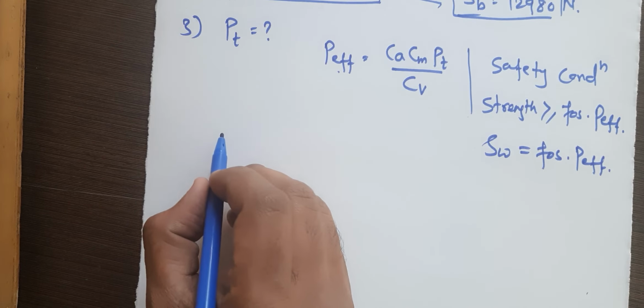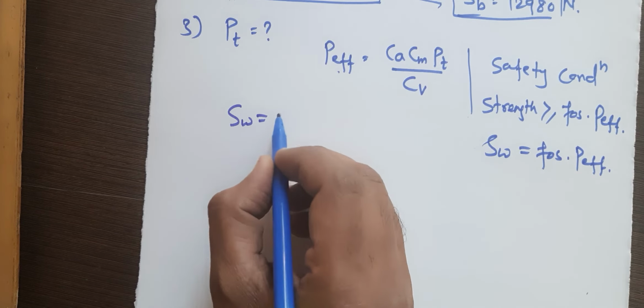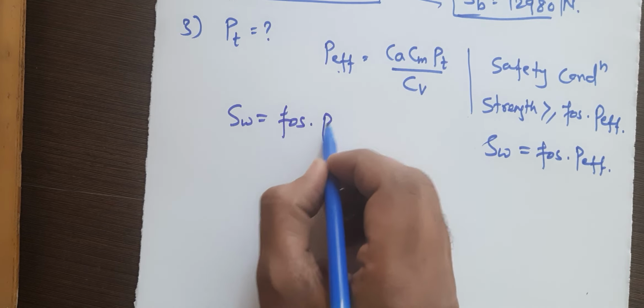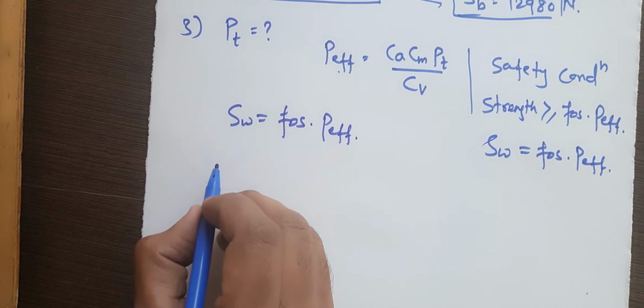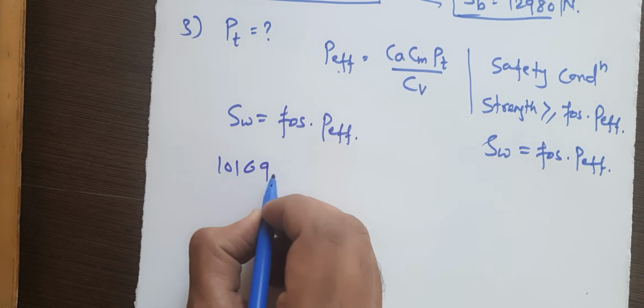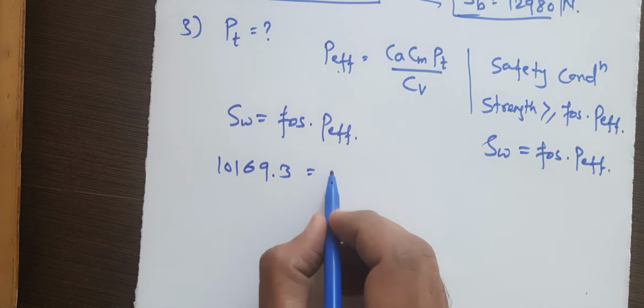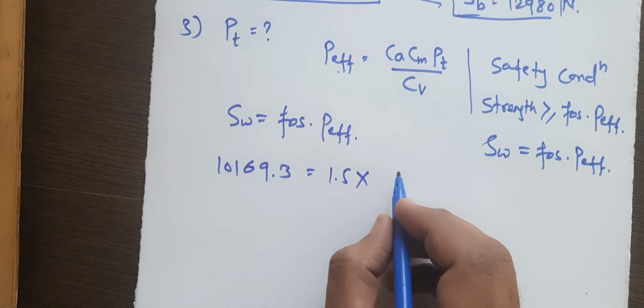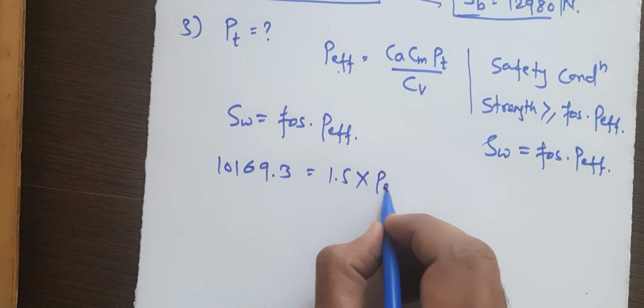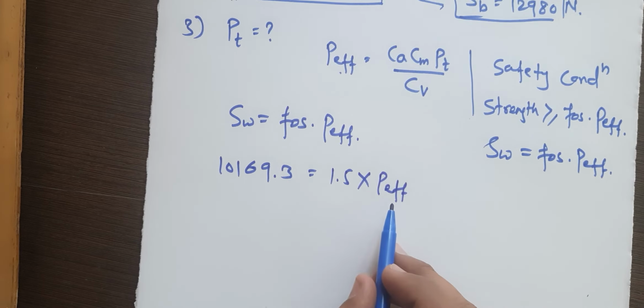So our SW is 10169.3, equal to factor of safety into P effective. Factor of safety is given as 1.5.